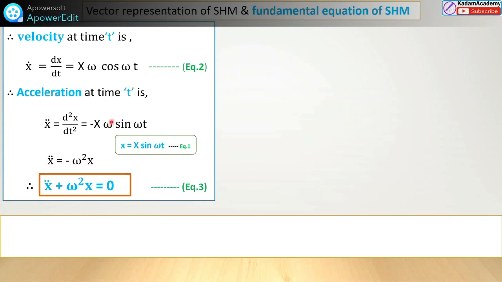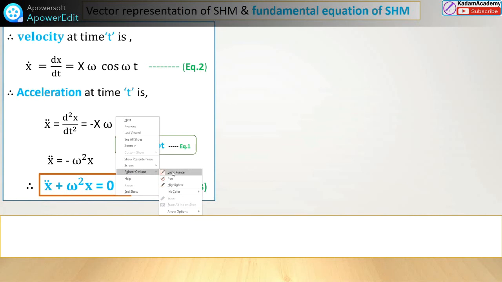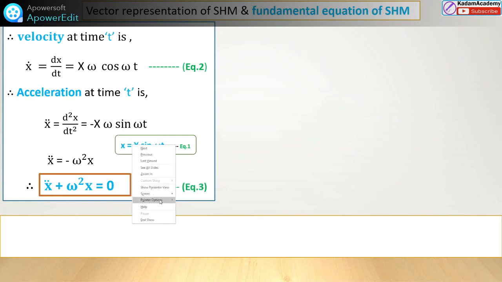Omega square remains, because we differentiated twice: once here and twice here. So x double dot is equal to minus omega square into x. This is a small x.